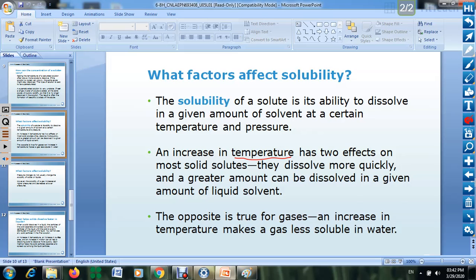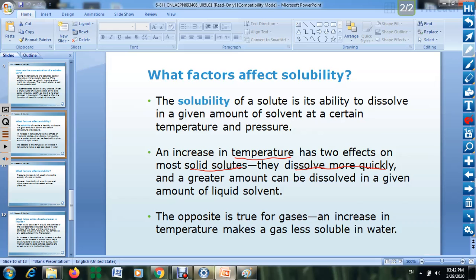You have to pay attention, I said most solids dissolve more at higher temperature. Okay, what about gases? Because I talked about solids. Most solid solutes dissolve more quickly and in greater amount at a higher temperature.